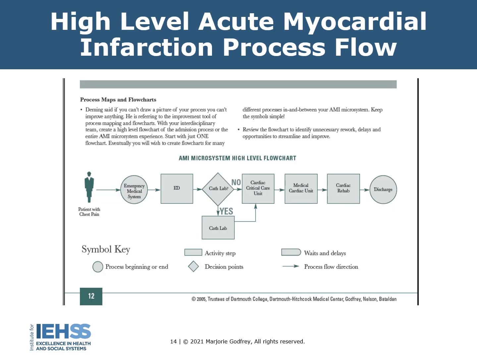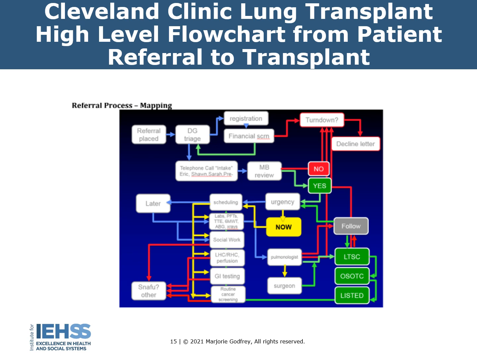Here is another high-level chart showing the process flow of acute myocardial infarction from entry to discharge. This is a high-level flowchart from the Cleveland Clinic Lung Transplant Center, mapping the process from referral from a CF program through to eventual transplant.